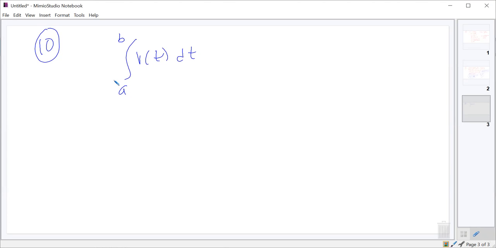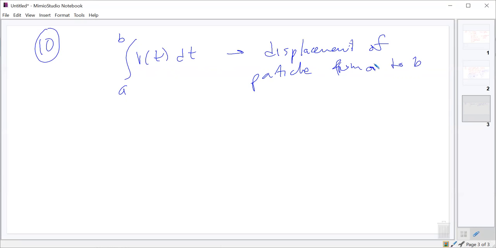Yeah, it tells us, well, not quite the position. It tells us the displacement. So how far it goes from A to B, right? So this is the displacement of the particle from A to B. Which, if we had an initial position at A, we could figure out the position of it.